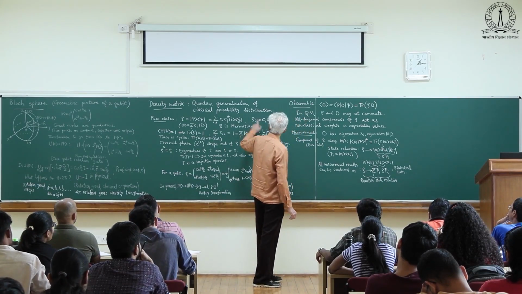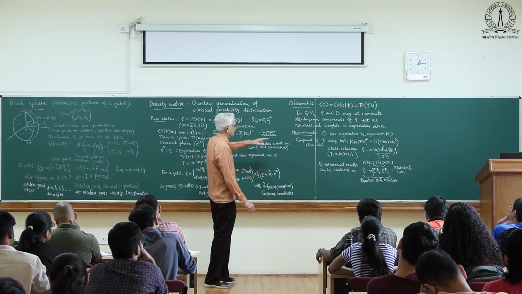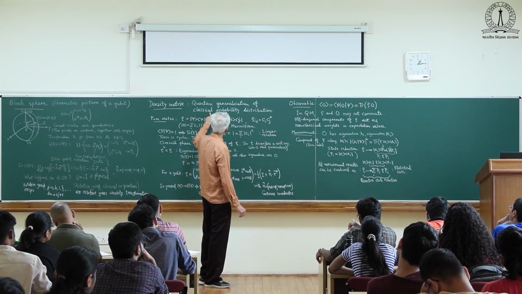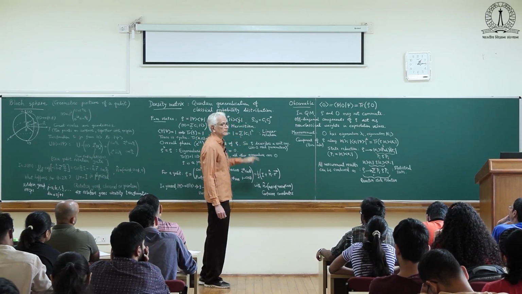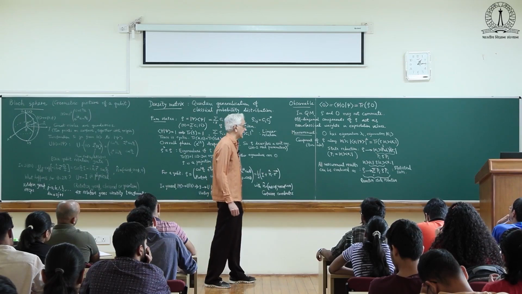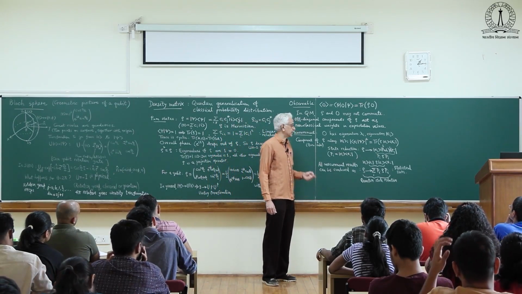And that is again connected with this statement that the transformation is a quantum generalization of a classical probability distribution. That is how you add different contributions in a quantum state measurement.